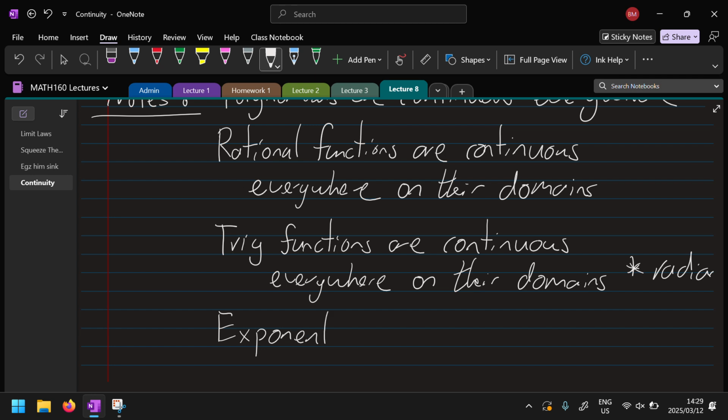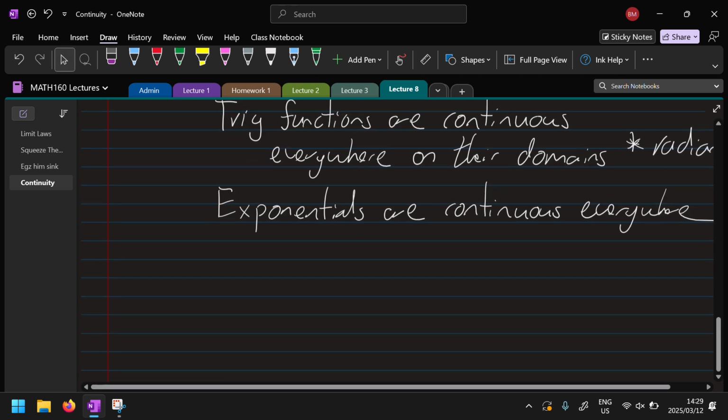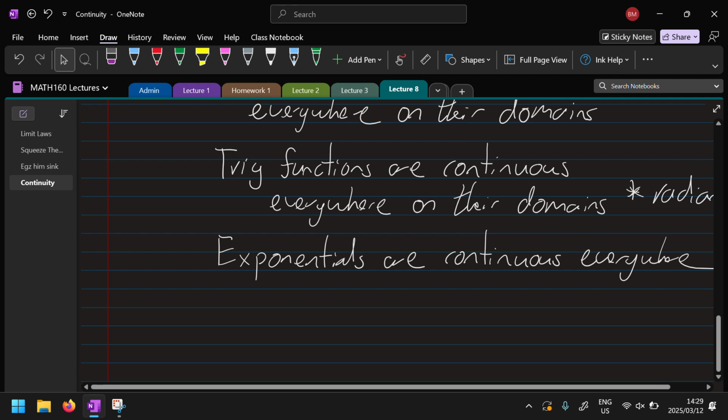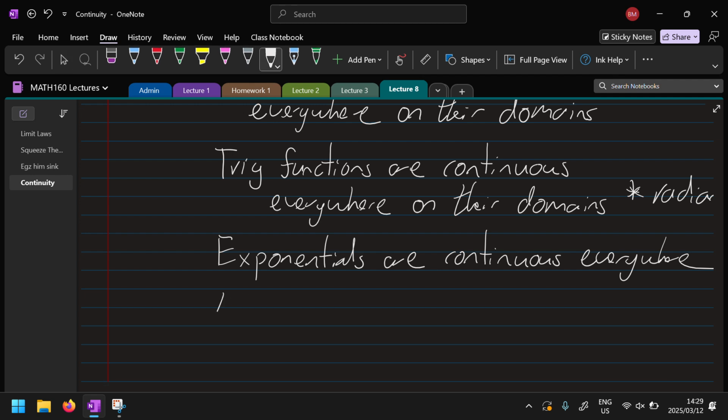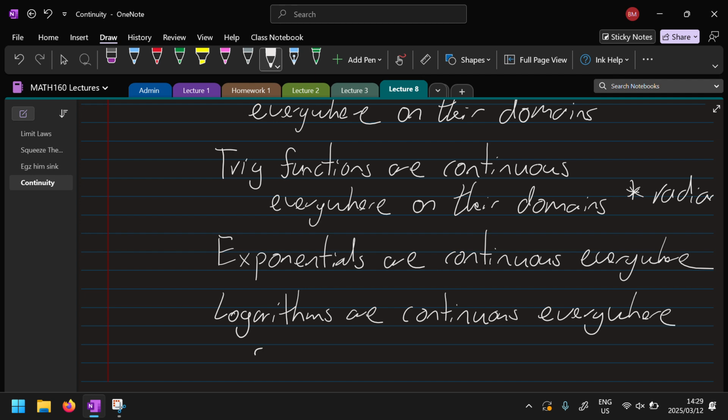Okay, exponentials are continuous everywhere. So it's like your 2 to the x, 3 to the x, exponentials. Logarithms are continuous everywhere on their domains.